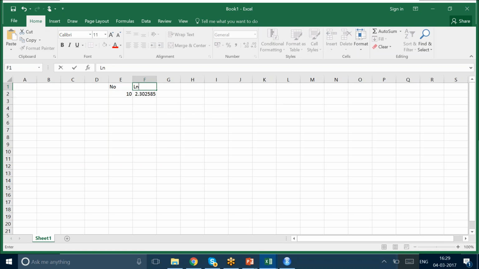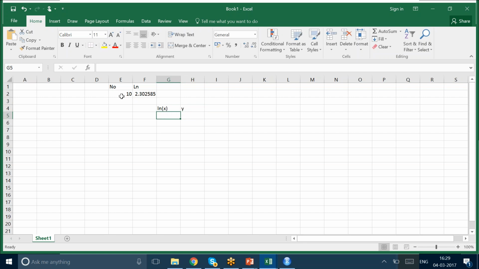This is ln. Now what is the relationship between exponential and logarithmic? Say if I have ln of x, and this ln of x is equal to y.